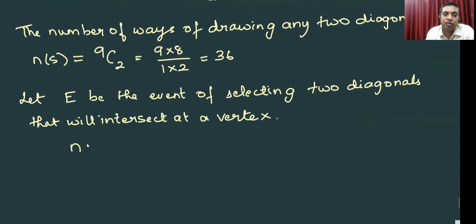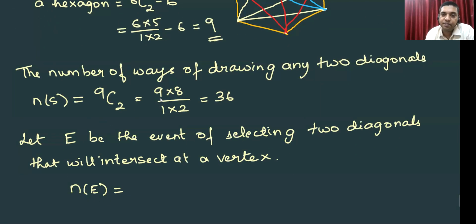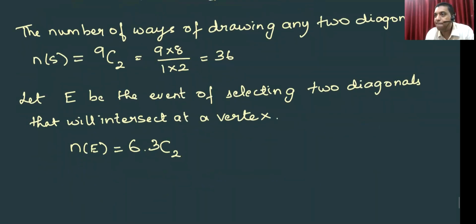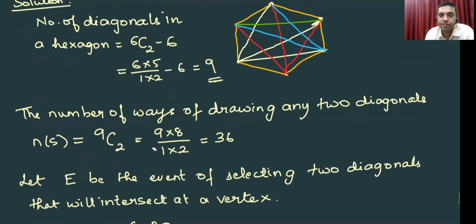Now, what will be n of E? There are 6 vertices, and at each of these 6, there are 3 diagonals. So you will get 18. Now, n of E will not be 18. Of this, there will be some repetitions.